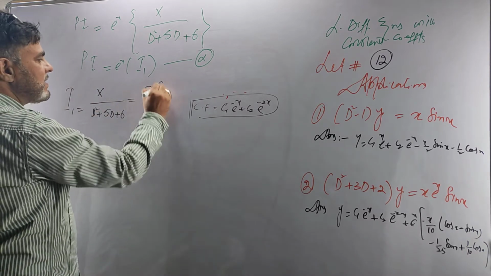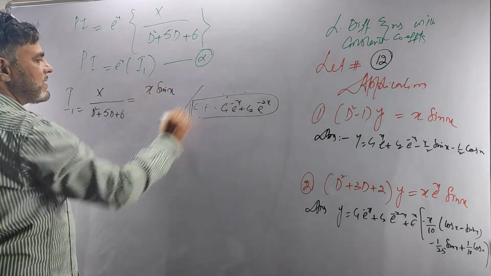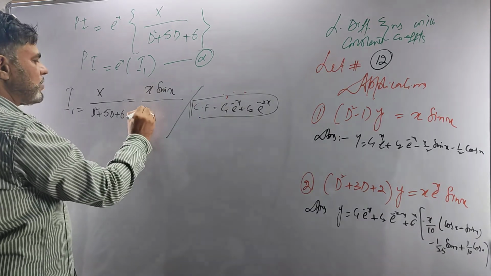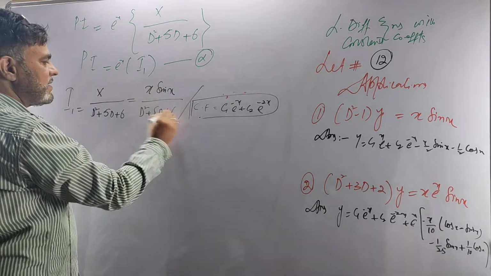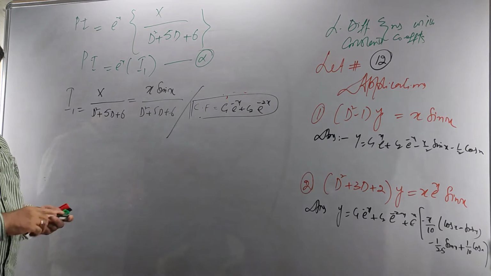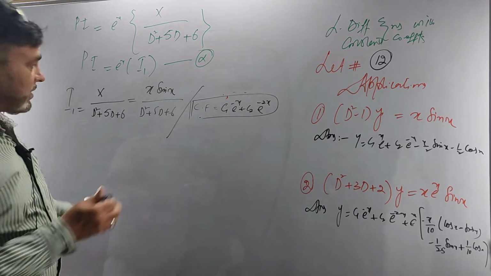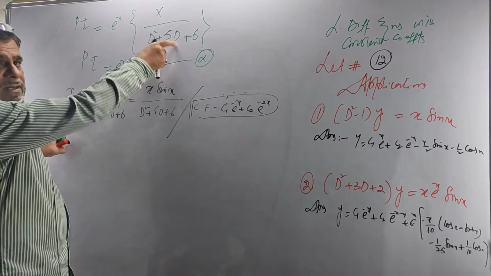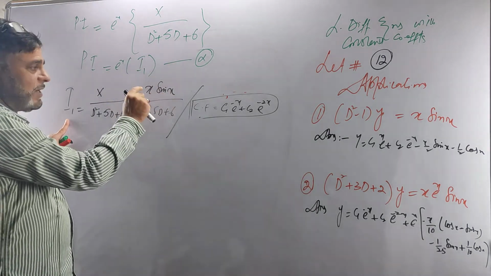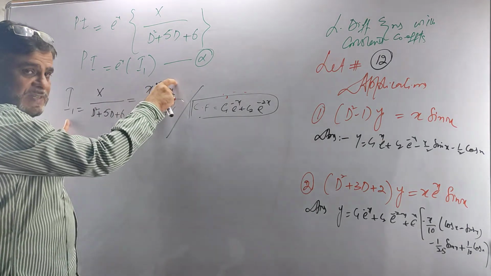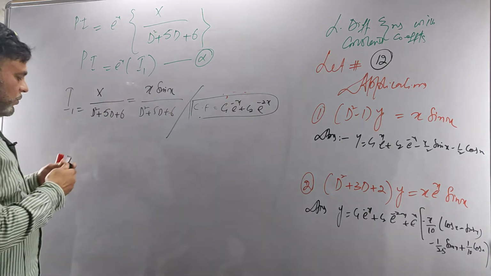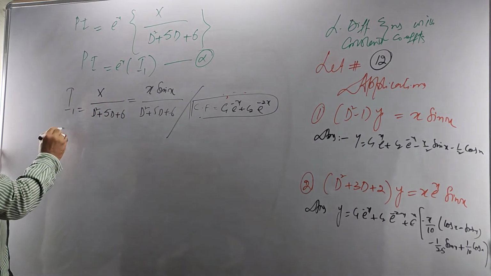It was x sine x. So x sine x by d square plus 5d plus 6. How do we go? It is rule number 5th now. When you have linear x and this is v, any function of x, take this x out.